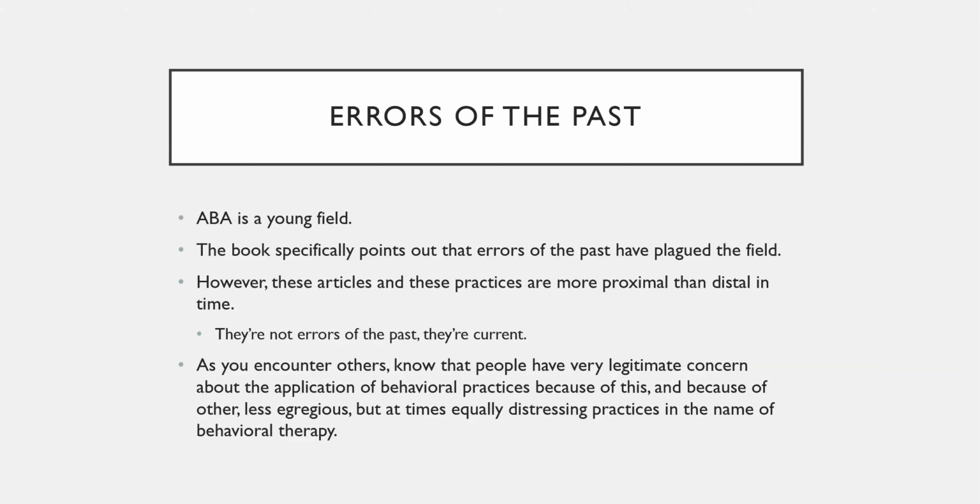So there have been recent concerns about things like planned ignoring of a child who's in distress. We can talk more about this in our discussions. Also, the prohibition of self-stimulatory behaviors by some behavior analysts who feel that maybe they are making a difference by making the child not stand out as much.